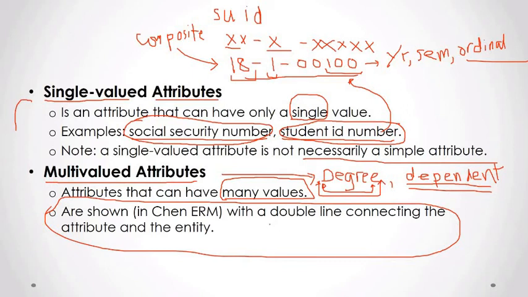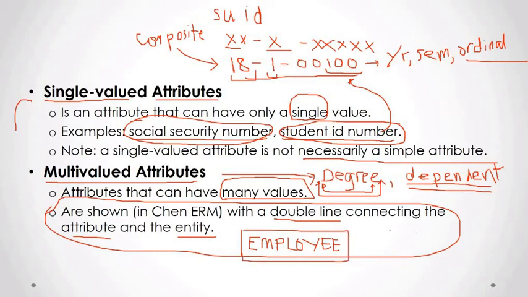You're going to connect that attribute to the entity using a double line. So for example, you have this entity, employee.